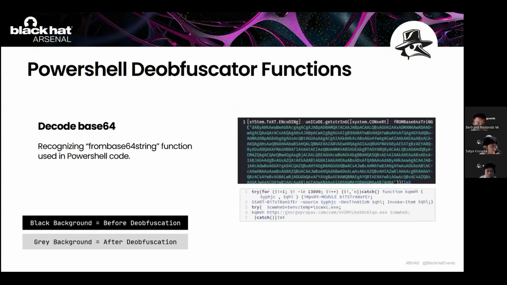The second pattern is recognizing the from base64 string function used inside the obfuscated PowerShell code. As we can see on the right side, there is a from base64 string detected inside the line of code, with the base64 encoded string that we want to decode inside the brackets. The application will take only the value inside the brackets and decode it using base64, changing it into plain text, as we can see in the picture below.